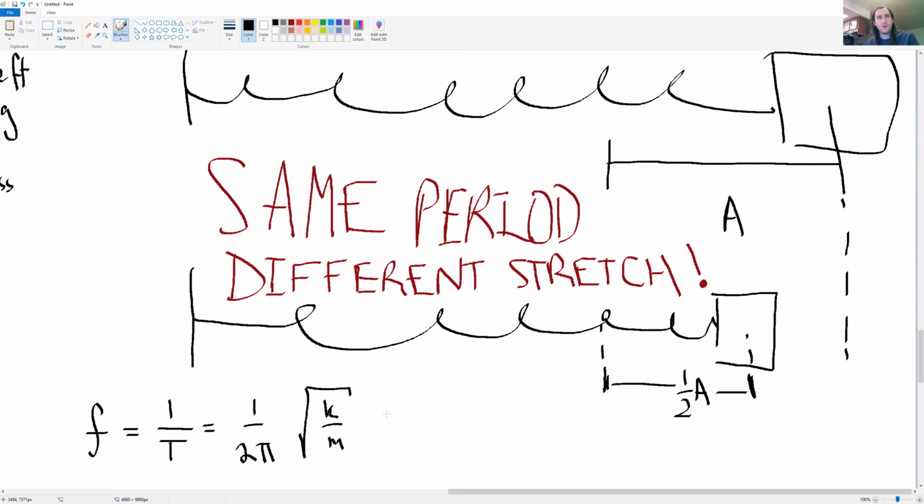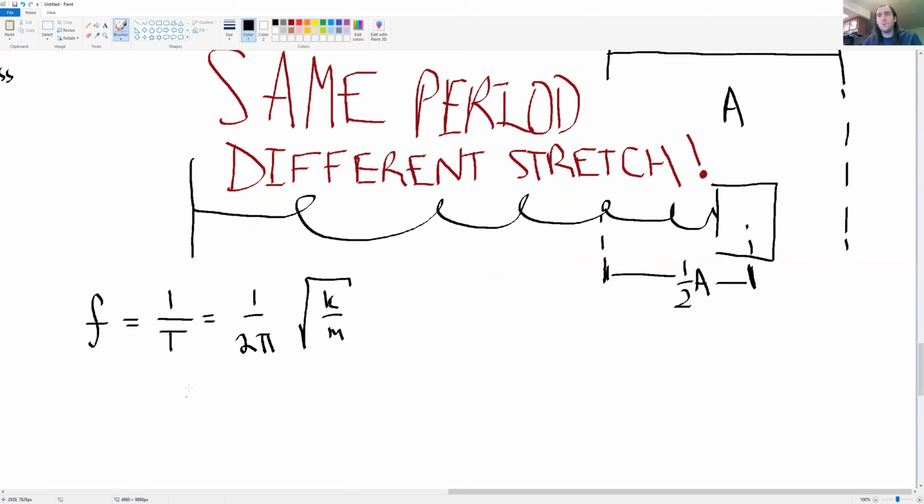But in the direction that we're headed in a second, it's nice to talk about what we call angular frequency, which is simply omega, which is 2 pi times the frequency.